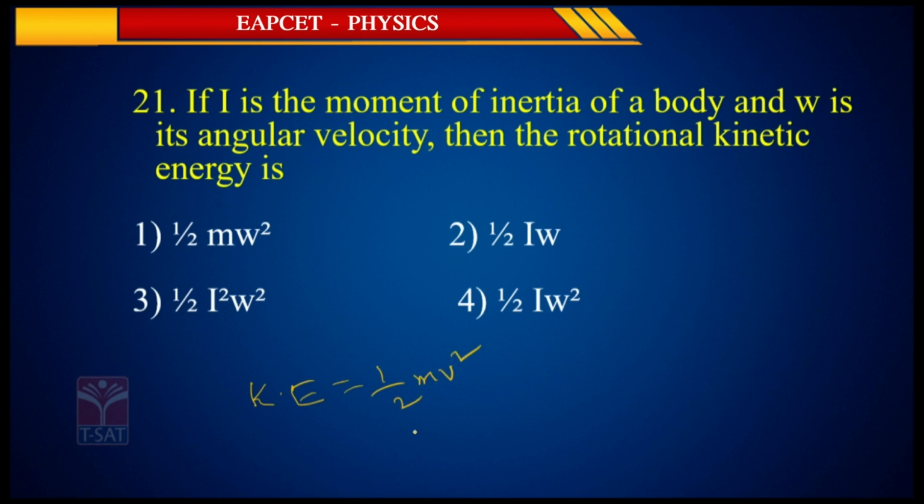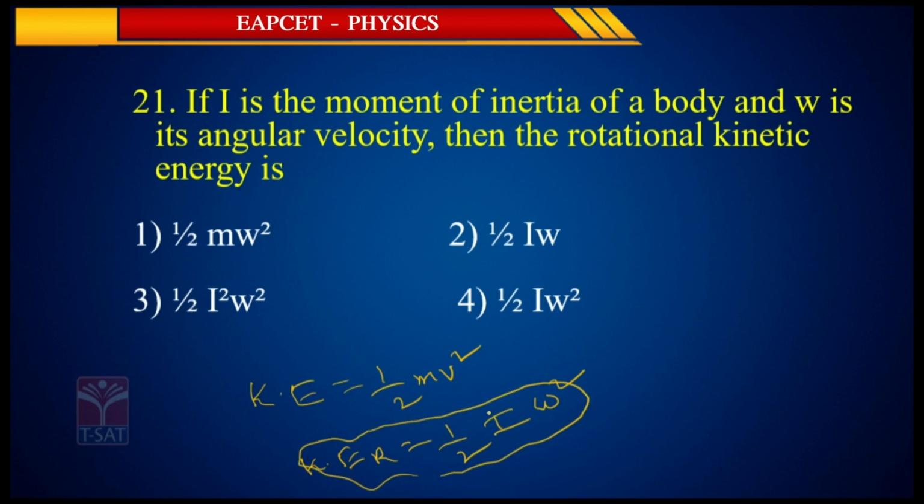Okay, but here in rotational kinetic energy, at m place occupy the moment of inertia I, and at v place the angular velocity. Therefore rotational kinetic energy is 1/2 I omega square. Okay, children, are you clear?